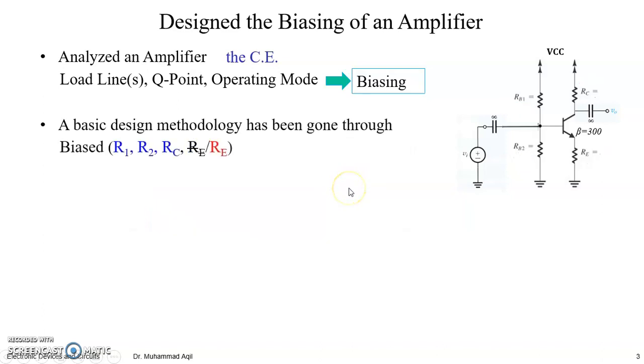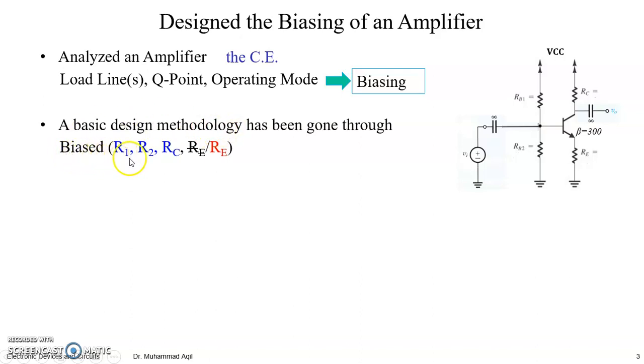So we have also gone through a basic design methodology, right? It means not only analyzed, we have also gone through one or two examples to bias a transistor.